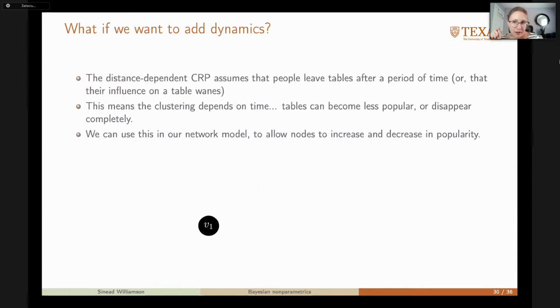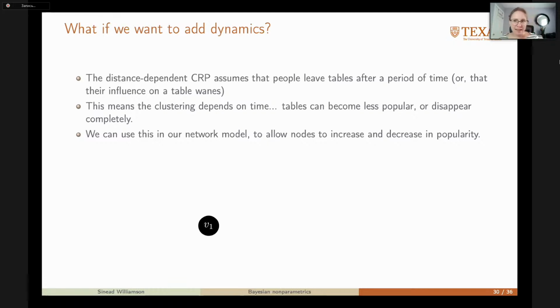So let's see how we can modify this to give something that evolves over time. So very briefly, at the end of last time, I mentioned some modifications that we can make to the distributions that we've seen. And in particular, I mentioned a model called the distance-dependent Chinese restaurant process that assumes that people come into their restaurants, sit at tables, but at a certain point, they leave.